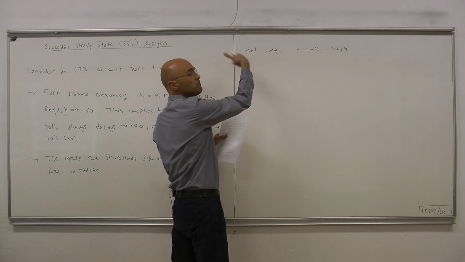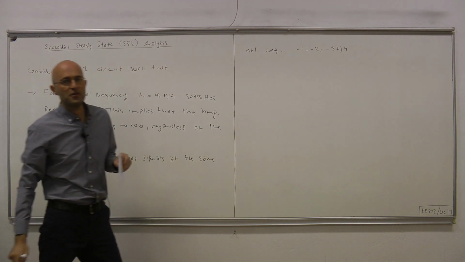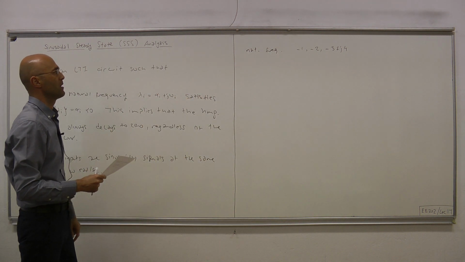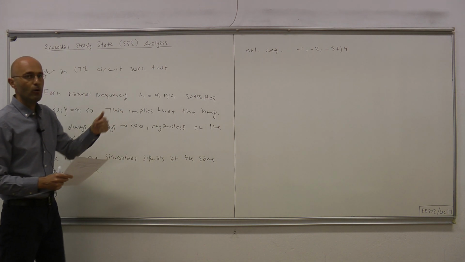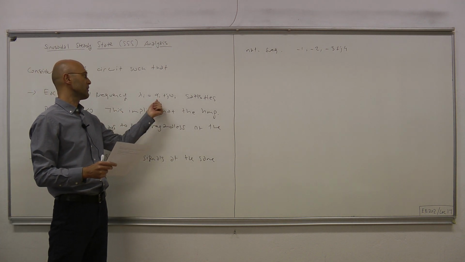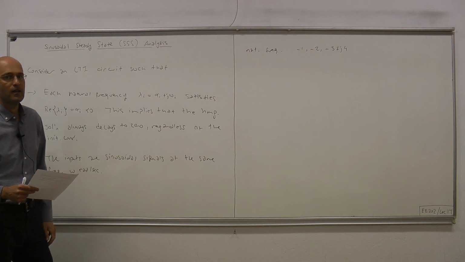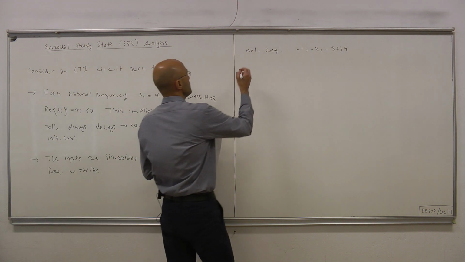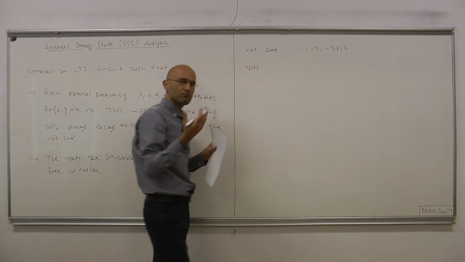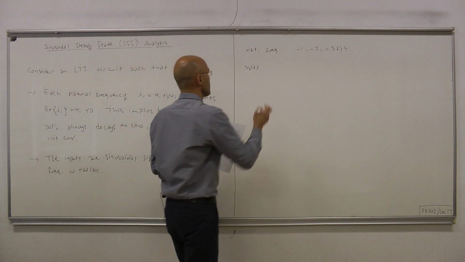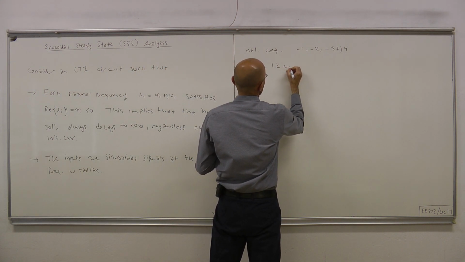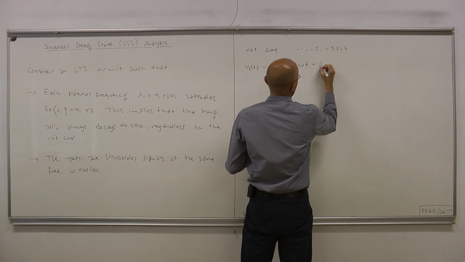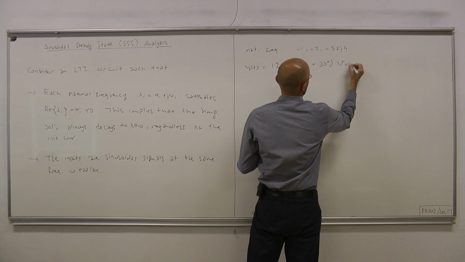So, for example, these are the natural frequencies of our fourth order circuit, -1, -2, and -3 plus minus j4. All the natural frequencies are on the open left half plane. In other words, the real parts are strictly negative. The second condition is that the input in our circuit, suppose that we have some voltage source somewhere, is cosine omega t plus 30 degrees volts.